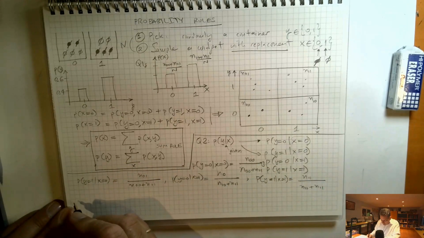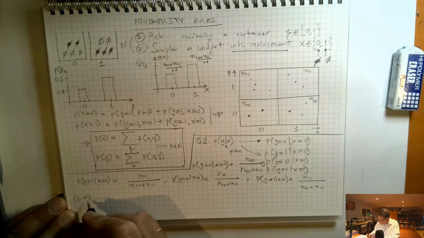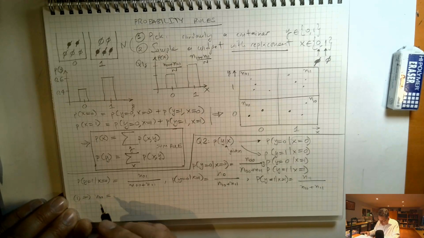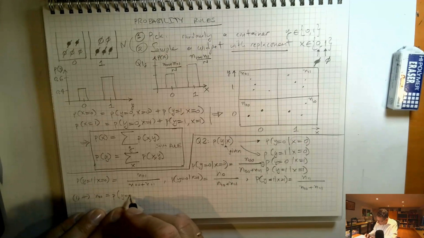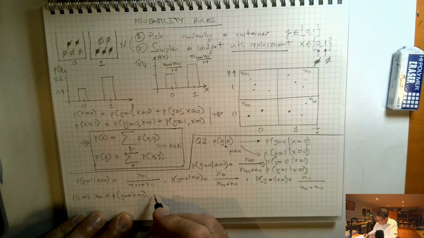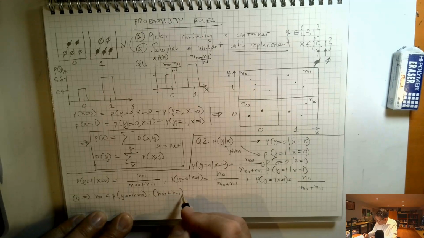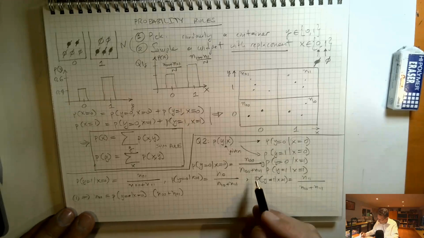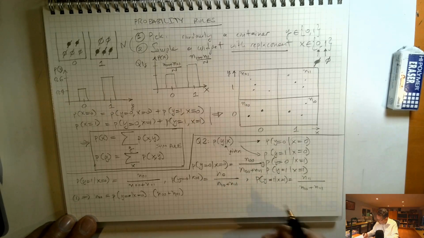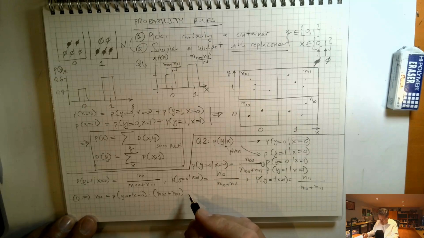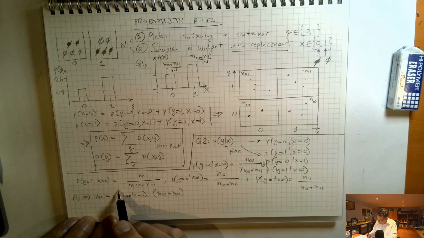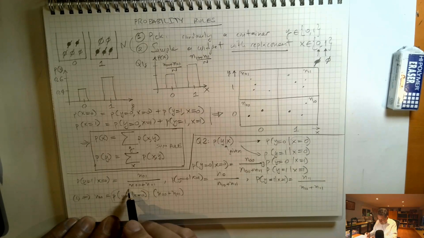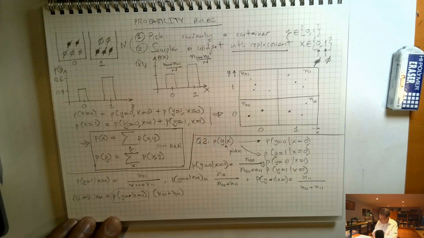And I'm saying from 1, I can write that N00 is equal to P of Y is equal to 0 given X is equal to 0 times N00 plus N01, a simple modification from a simple product of that expression. Okay, and then what I can also see is I can replace this with something that I have seen earlier.